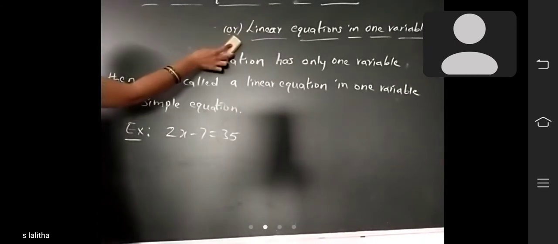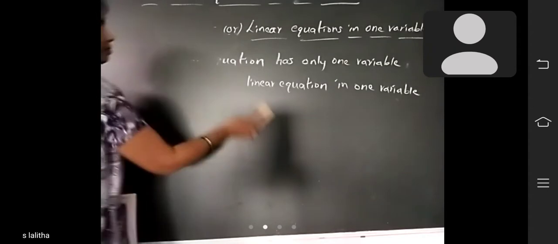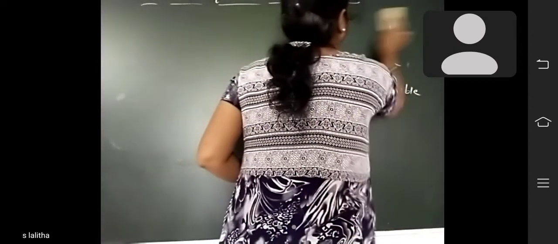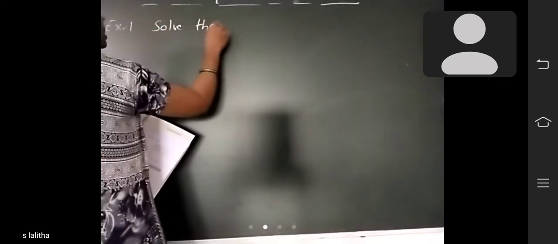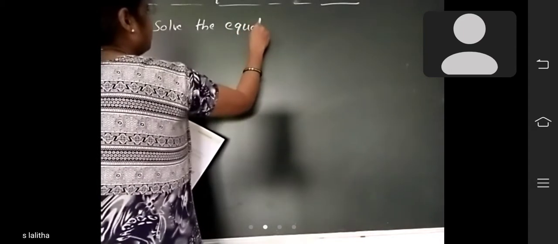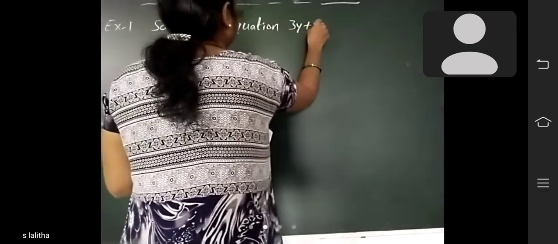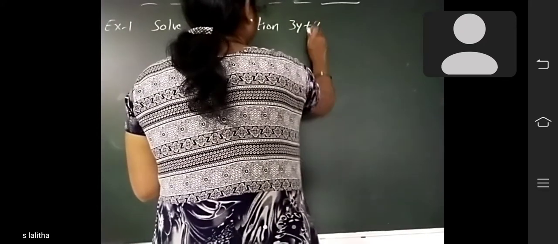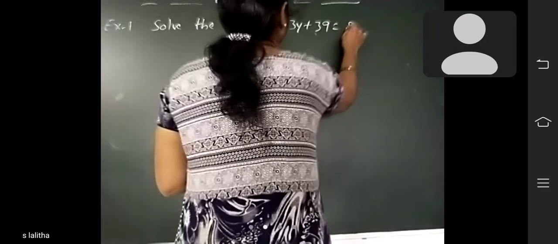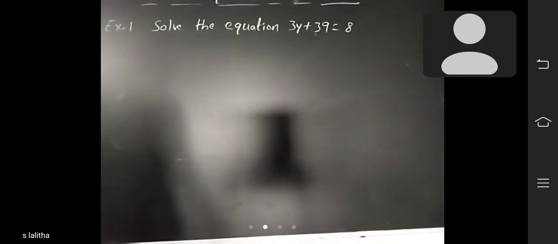Next one, example 1, see children. Solve the equation 3y plus 39 equal to 8.